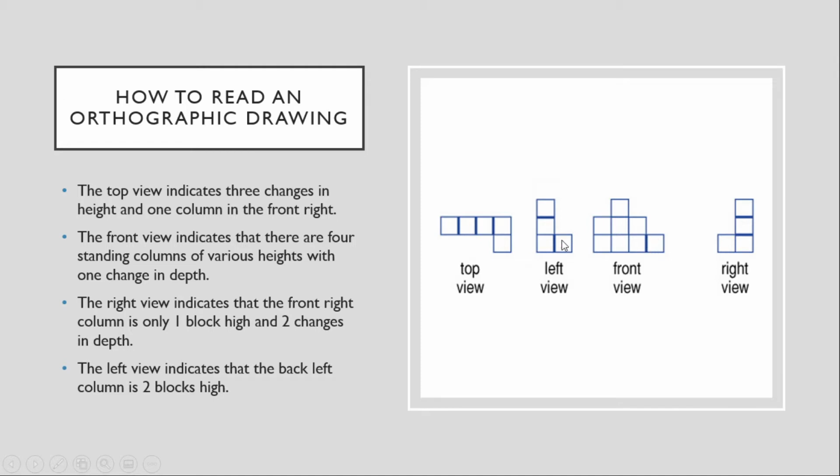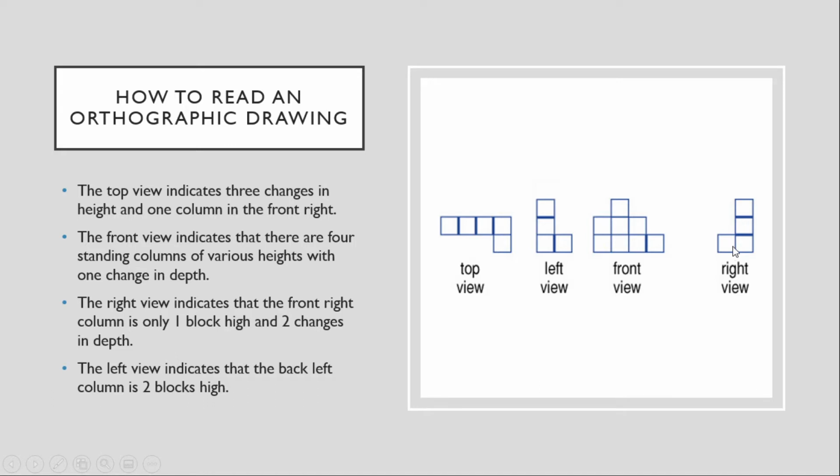Okay, so from the left view, we see a change in depth. This would be like looking on this side of the building right here. We see that the first one's 2, a change in height, and then a change in depth. That there's two changes in depth, right, from here to here. Okay, right view.